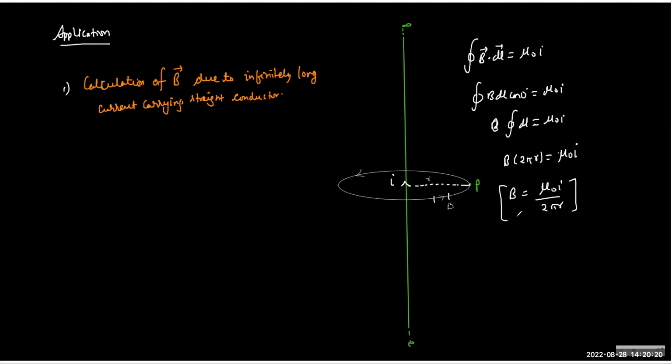So r is always measured from the axis of the wire. Is this clear?